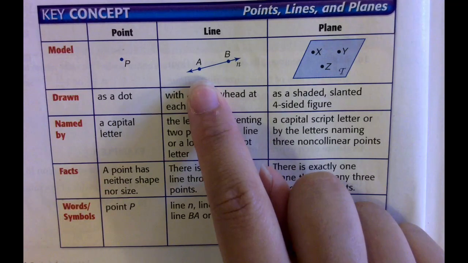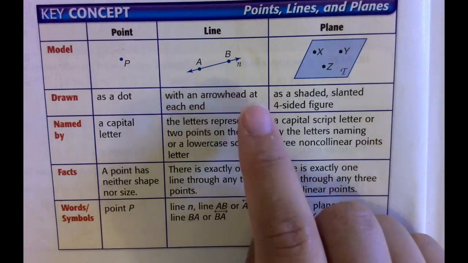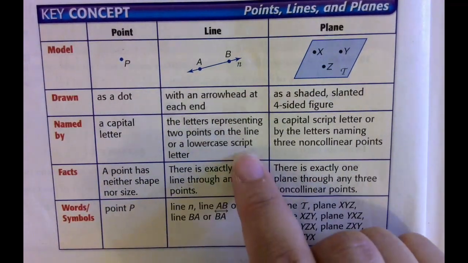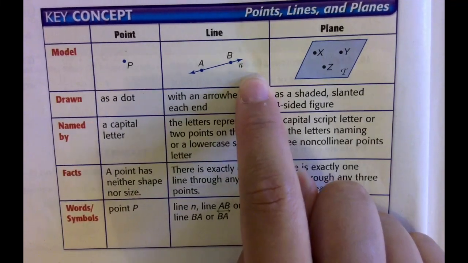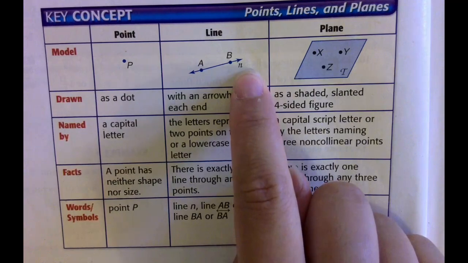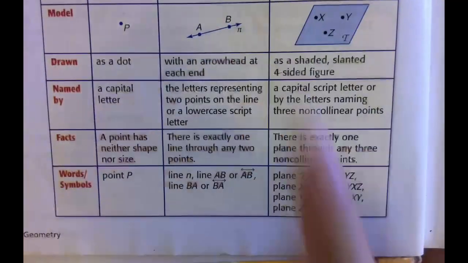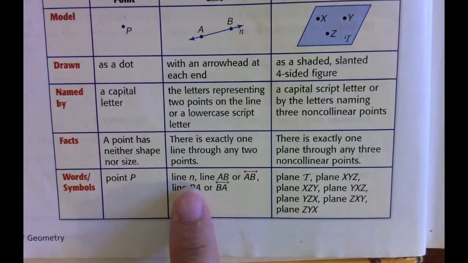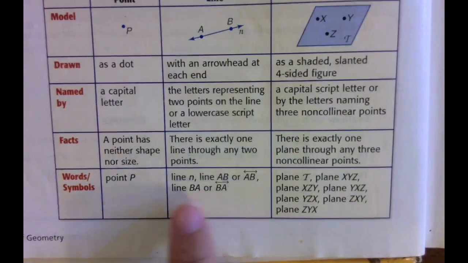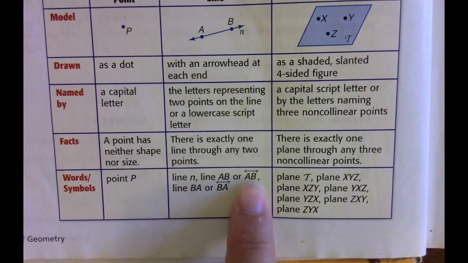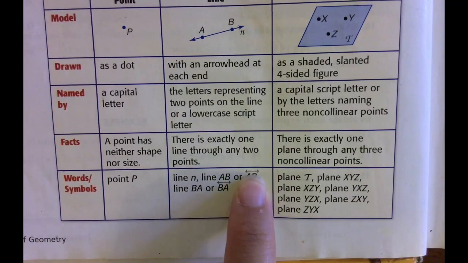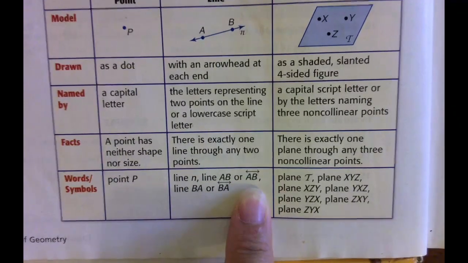The order doesn't matter. Or by a lowercase script letter, like a cursive letter, so this could also be line N. But note that N is not a point on the line. The shortcut, if you don't want to write the word line, is to draw the line symbol, a mini line above the name.